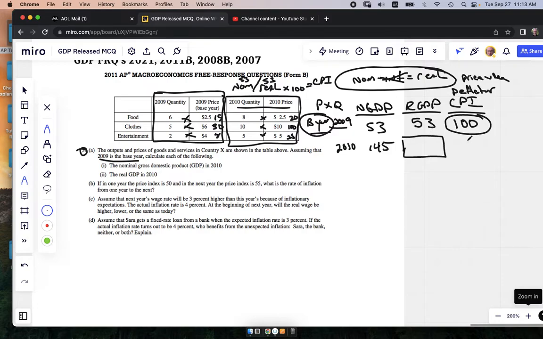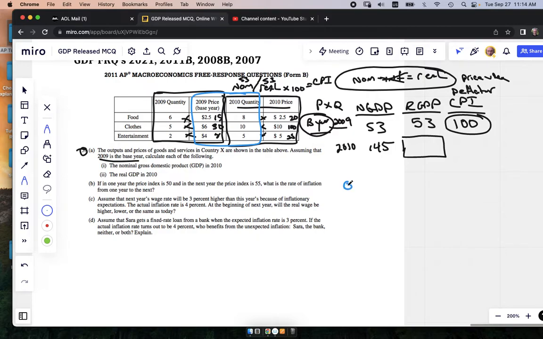We don't know the CPI. If we did, we could figure it out. We're going to do these the same way. I'm just going to change this color a little bit to make it a little different here. When they're giving us this structure, we're going to take the quantity in our current year times the prices in the base year. Our current year is 2010.